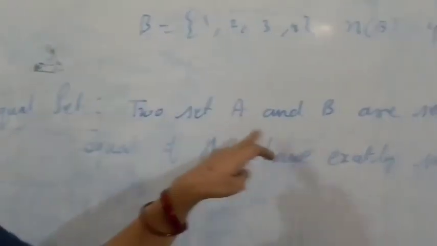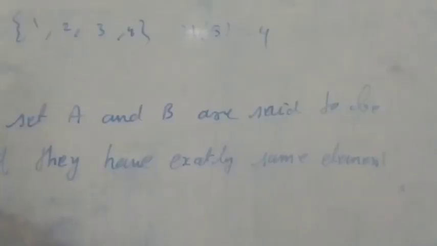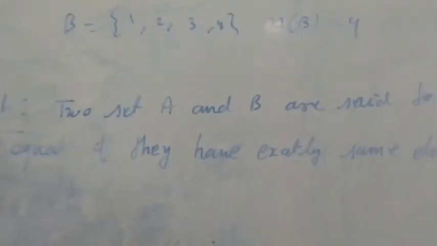Now, equal set. Two sets A and B are said to be equal if they have exactly the same elements.